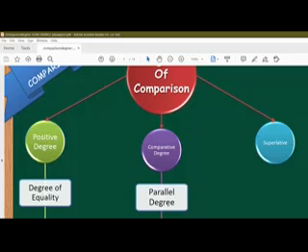This parallel degree can also become a progressive degree, where the degree of equality present in the positive degree can also become a degree of inequality. So the sense may be affirmative or negative, that doesn't matter.